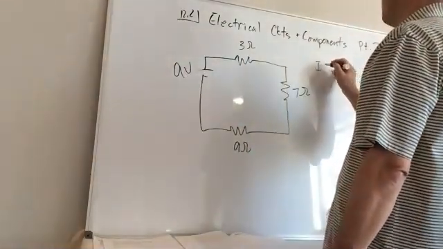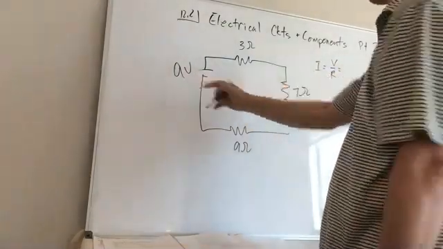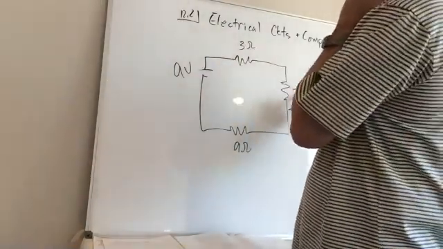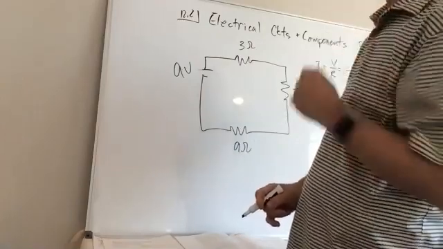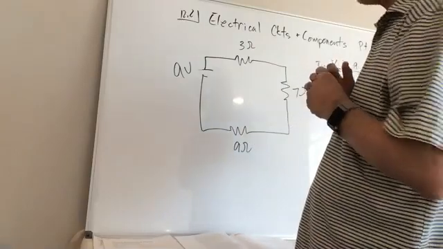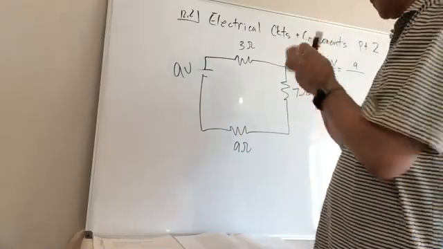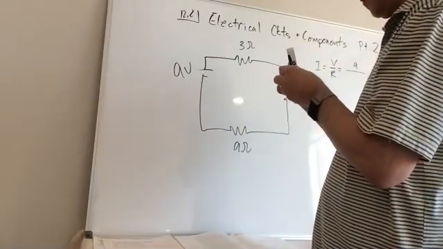So I is going to be equal to V over R, where V is the 9 volts. And the total resistance is what? How do I find the total resistance here? Ezekiel, how am I going to find the total resistance? Isn't it the sum of all the resistors? Yeah.